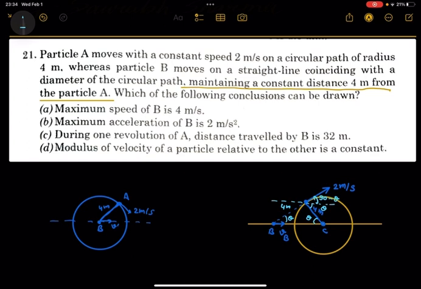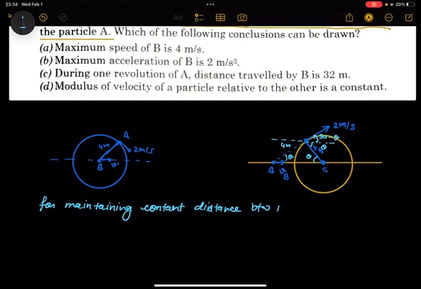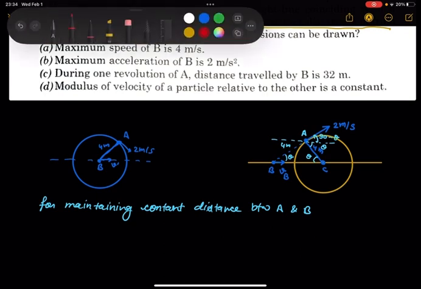So for maintaining a constant distance between A and B, this is A, this is B, the velocity along the line joining A and B is always constant.